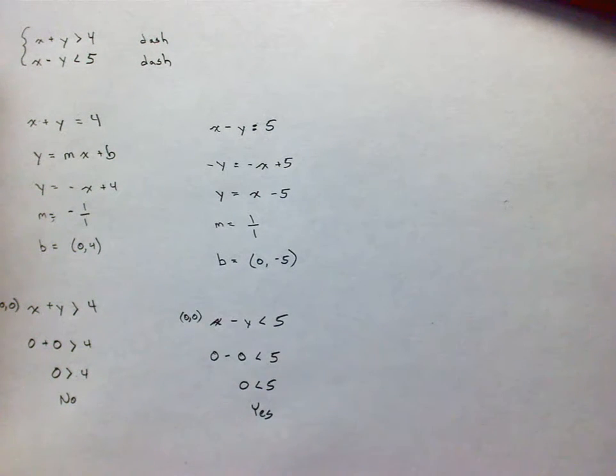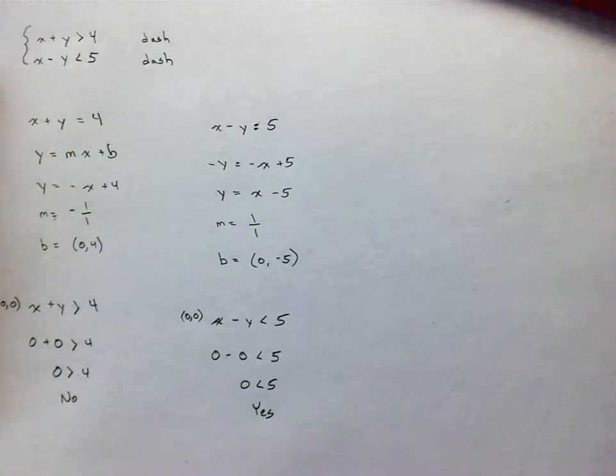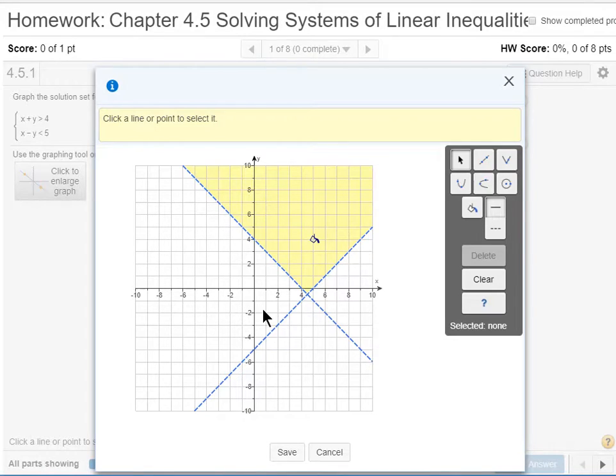So I'm going to shade in the area for that second line that contains the origin. This is the line I'm dealing with right here, linear inequality number 2. I'm going to shade on this side of the origin, but I cannot shade all of this, right? No, because it's not true for the other one.